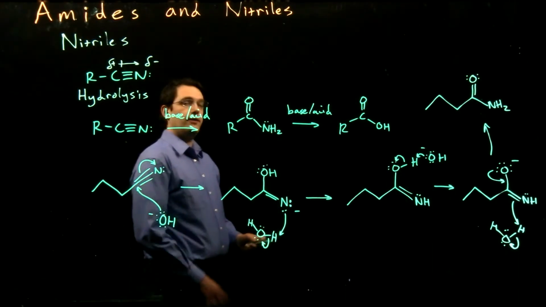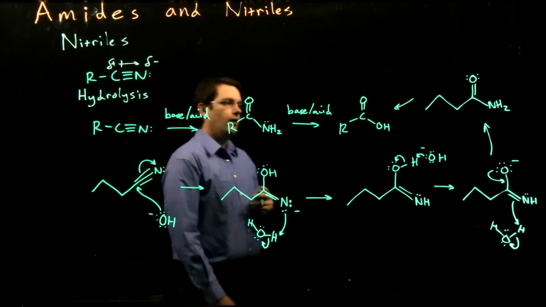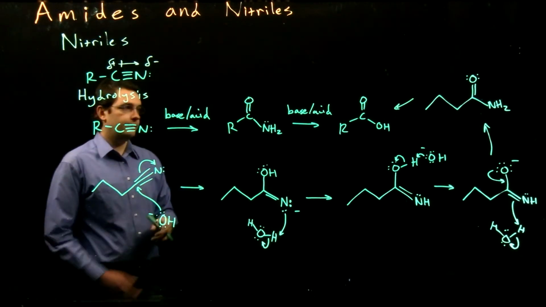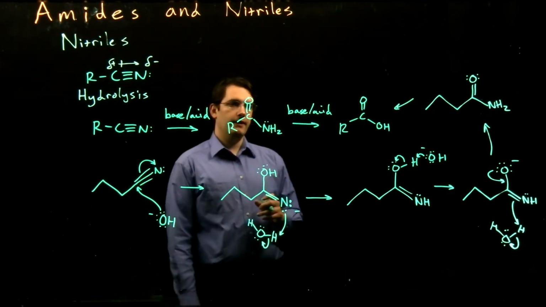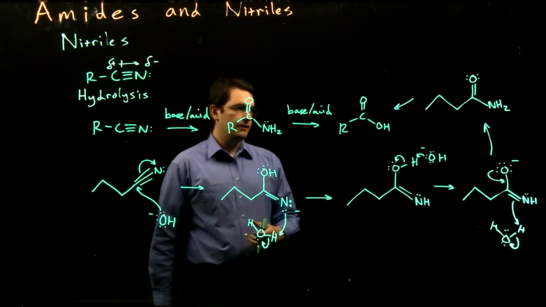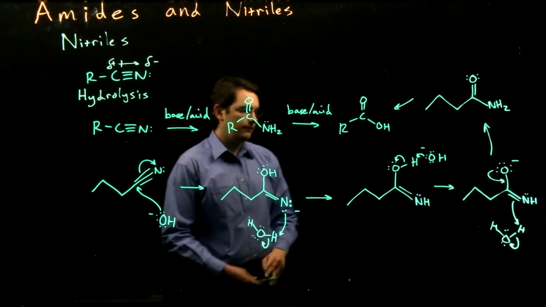And again, as I showed you earlier, that hydrolysis would continue all the way to our carboxylic acid. Following that mechanism for our amide hydrolysis, it uses our usual nucleophilic acyl substitution, addition-elimination mechanism.